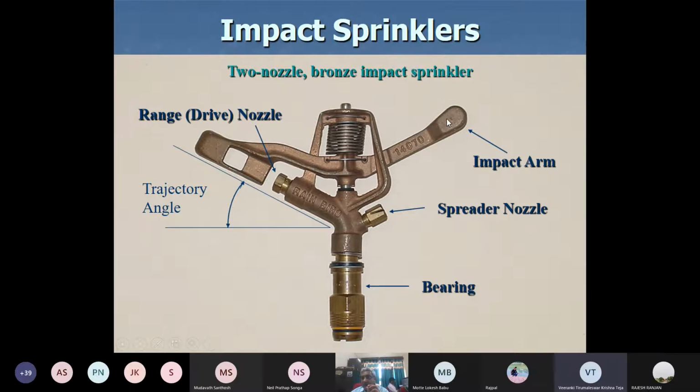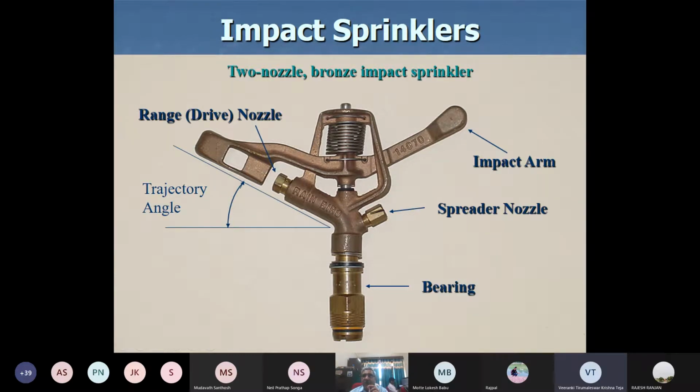So this part is a load, and when the jet ejects out of this, it hits in such a way that the arm deflects, but there is a counterweight impact arm which brings it back to the same position.